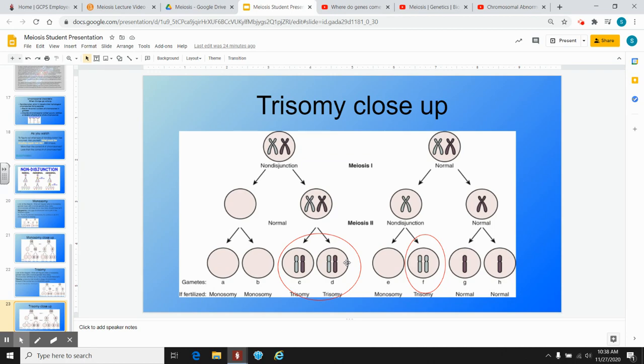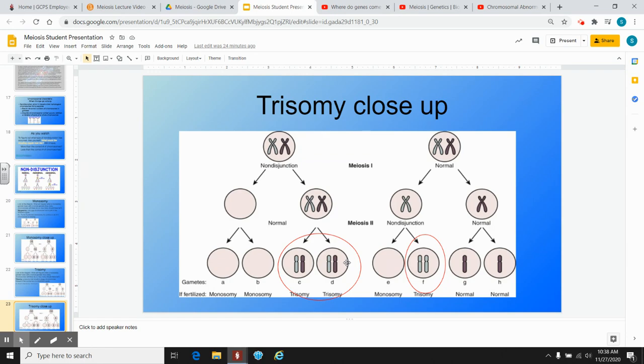So again, going back to our human example, 23 chromosomes from the sperm, but let's say that the egg has 24 chromosomes. It has an extra chromosome number 21. So when the zygote is formed, chromosome number 21 has two contributions from the egg and 1 contribution from the sperm, which results in 3 copies of chromosome number 21.